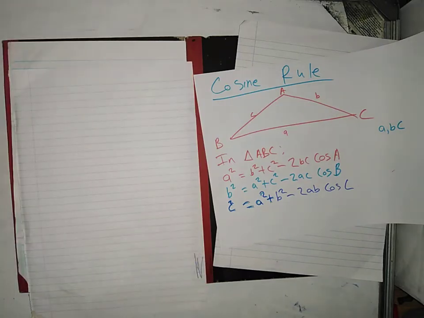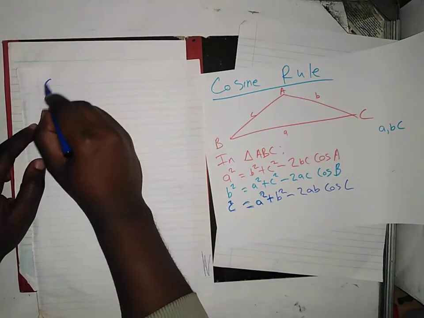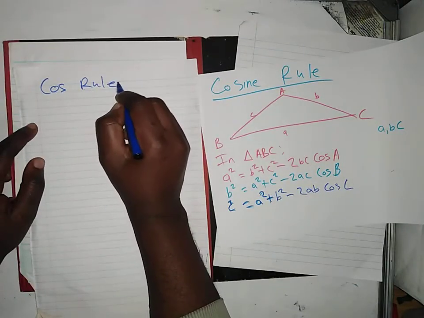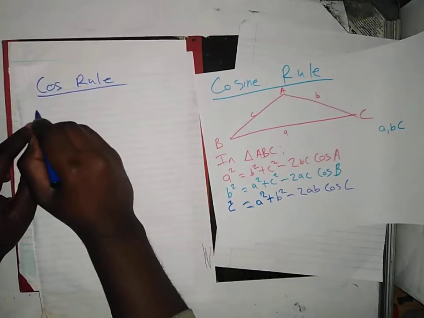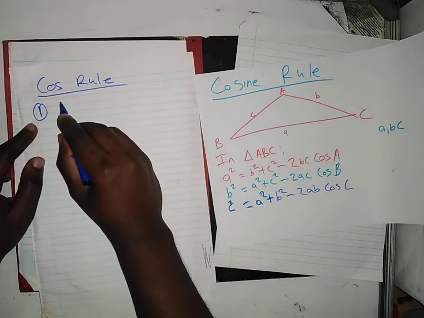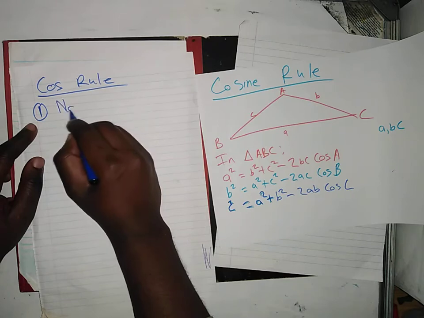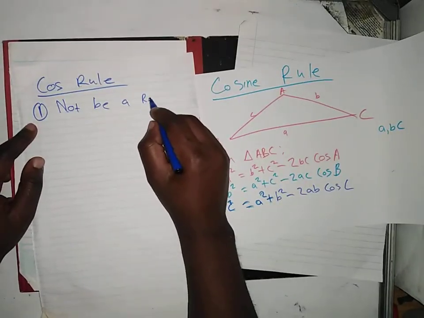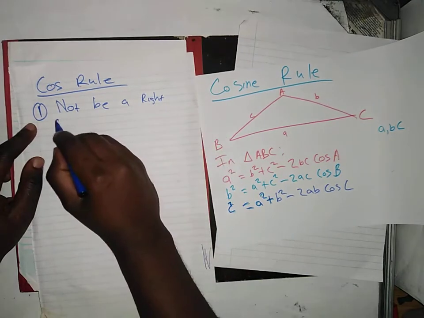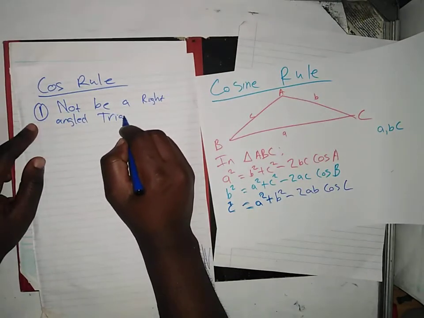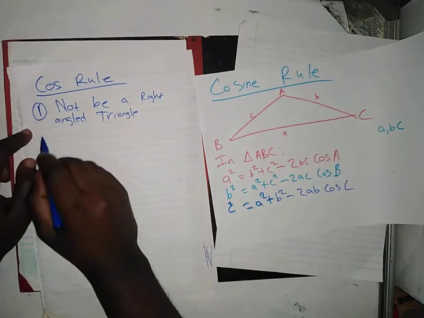So in Cos Rule, where do we use Cos Rule? You use Cos Rule under condition number 1. It must not be a right angled triangle. That is very important that you are referring to.